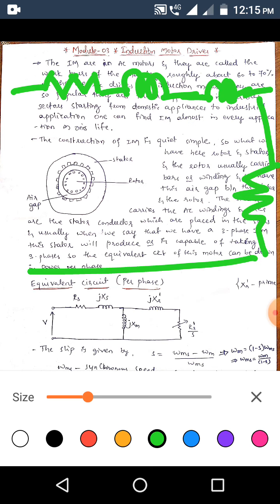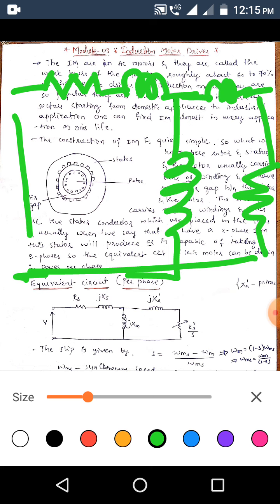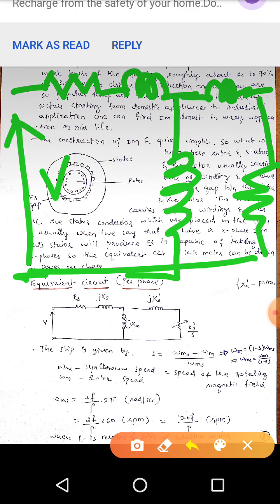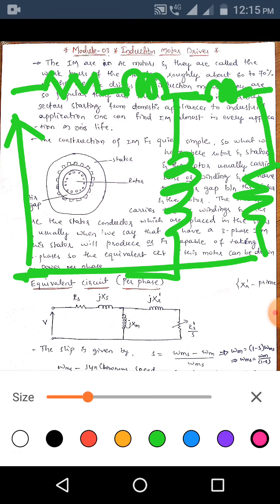In between the stator and rotor we have connected the magnetizing reactance. So this is the supply voltage V here.